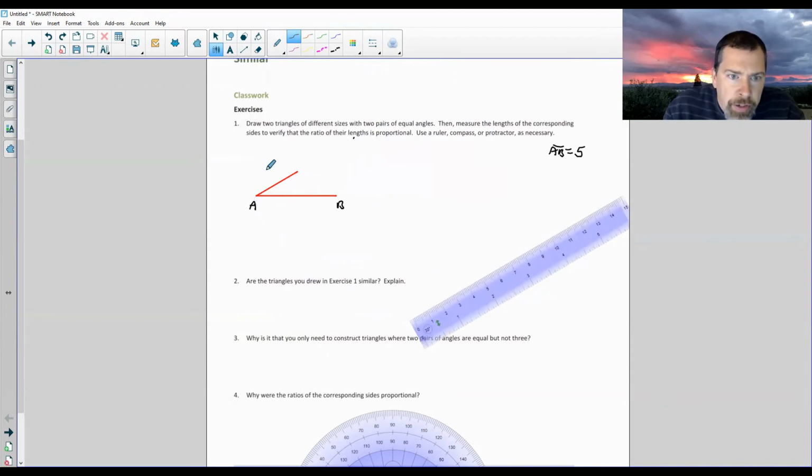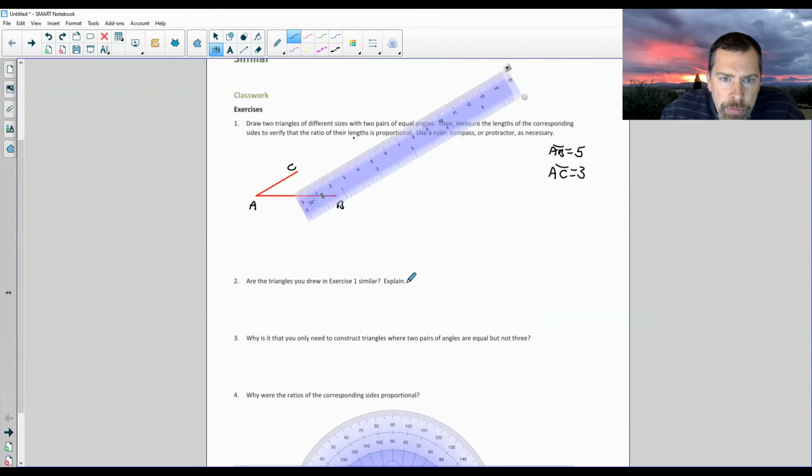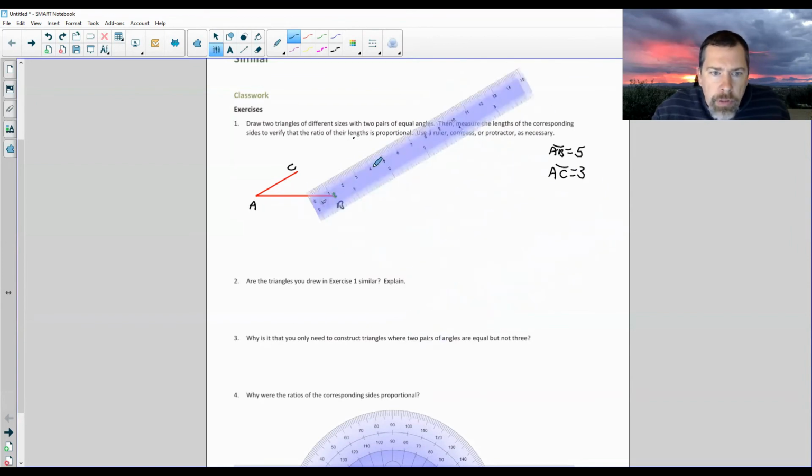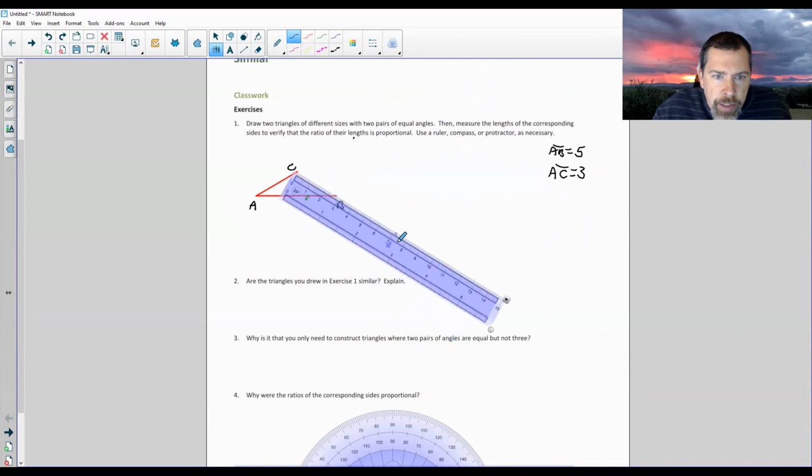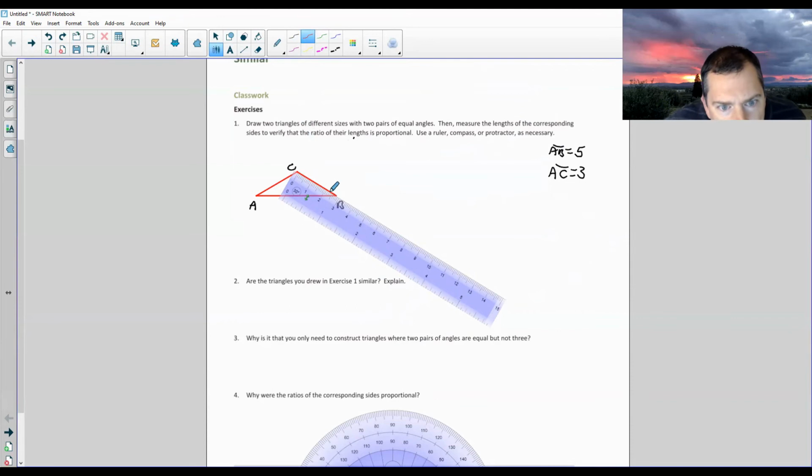So AC equals 3. And then I'm going to put my ruler at 0, rotate it, and finally draw my last side down to B. And that has a length of 2.8.